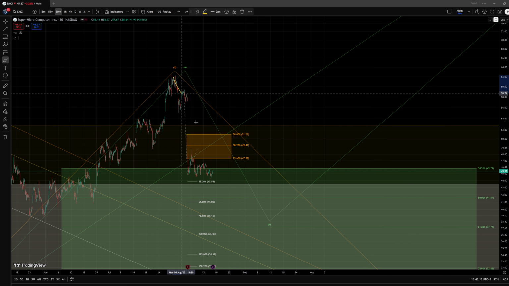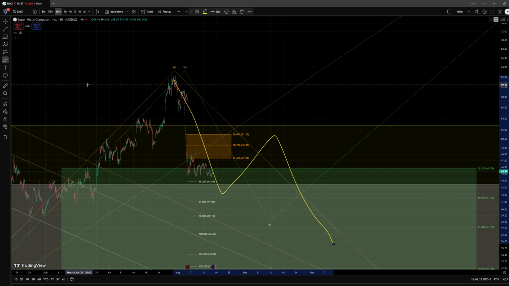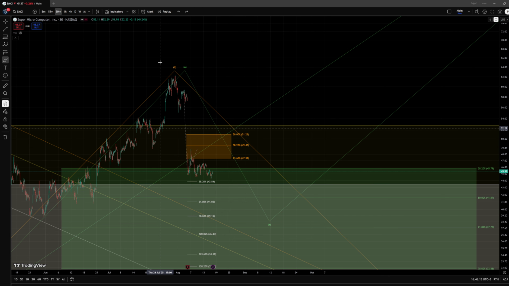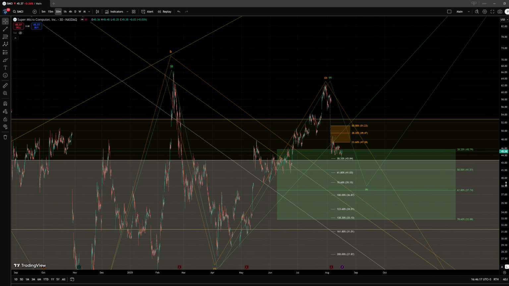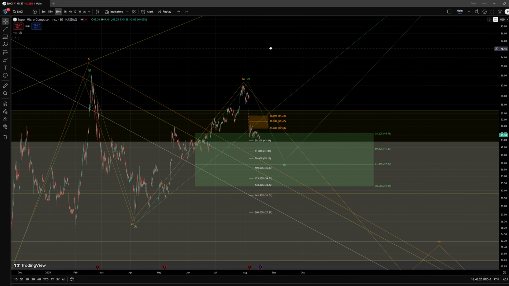Then we could track a larger ABC pattern, but we also need to be very careful of the orange interpretation in which we are looking for a third wave to the downside.